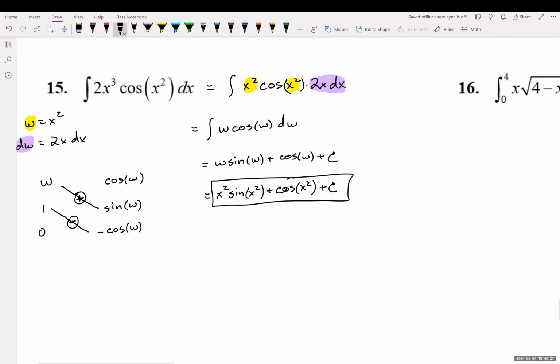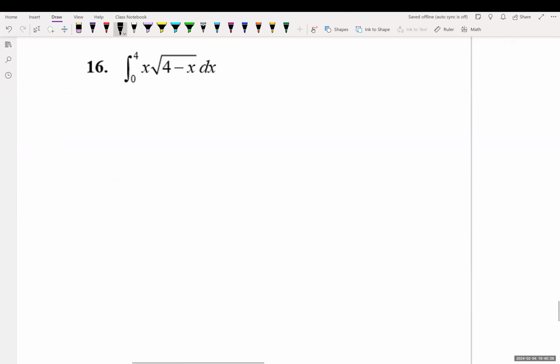Moving on to number 16. Again, here we have an inner function. So let's go ahead and make that 4 minus x like that. dw is negative dx. So dx is equal to negative dw. And right about now, you might notice that you can also rewrite x as 4 minus w.